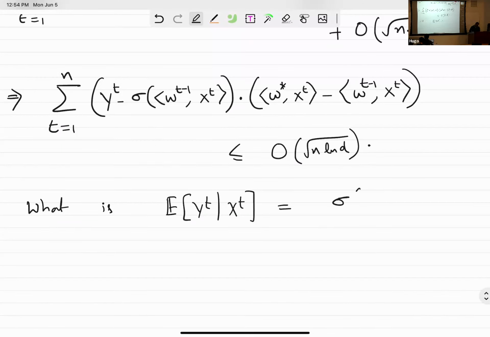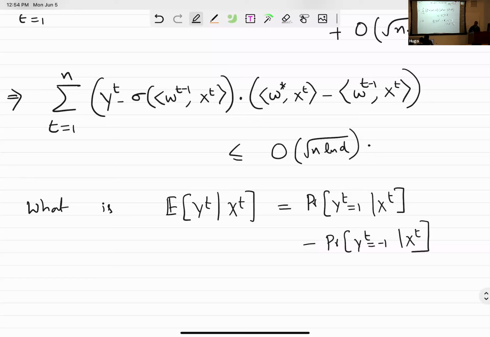If you do some calculations, it's essentially the probability that it is 1 minus the probability that it is minus 1.